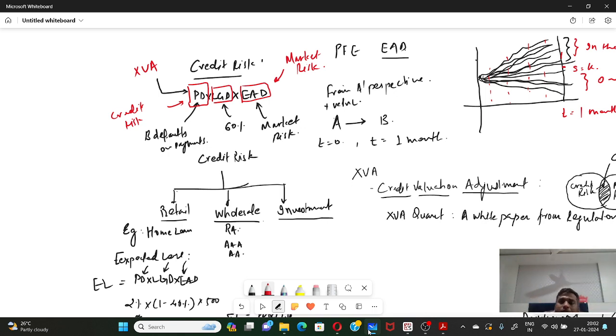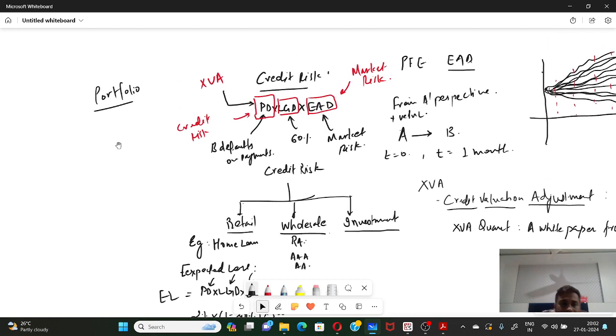A has exposure to B of a portfolio of trades. It's not a single trade. I gave an example for a single trade, but A has exposure to B for a portfolio of trades.